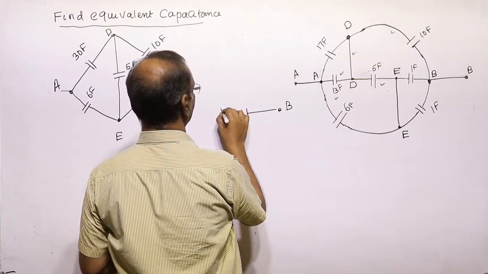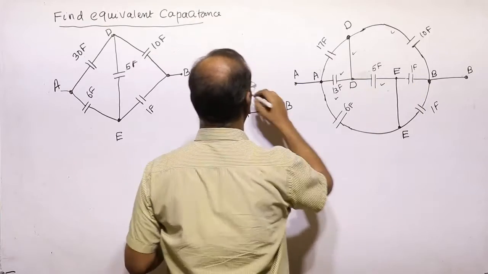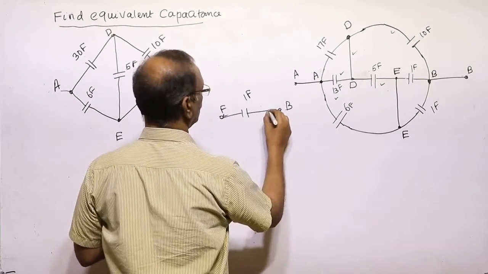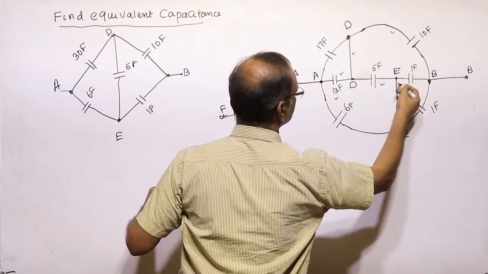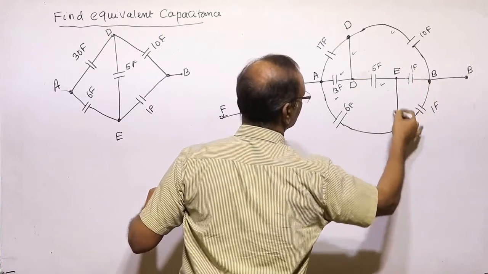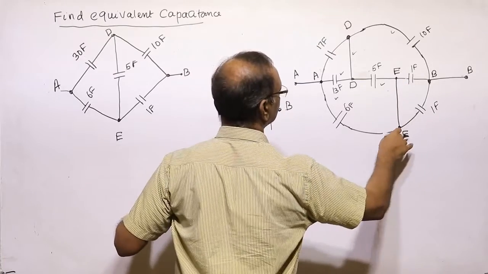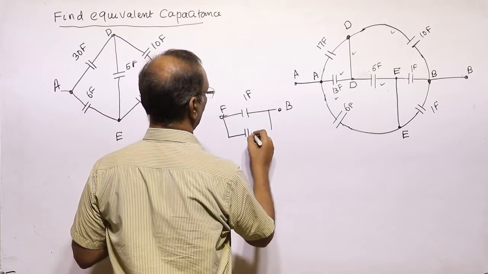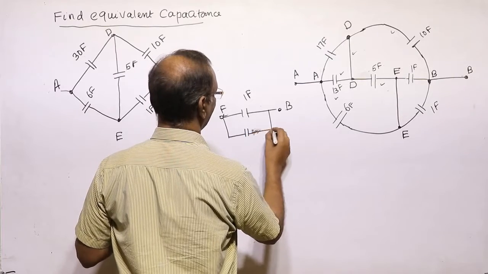B to E is 1 farad, and again B to E one more in parallel, because this point and this point are the same. So between E and B, one more, 1 farad.